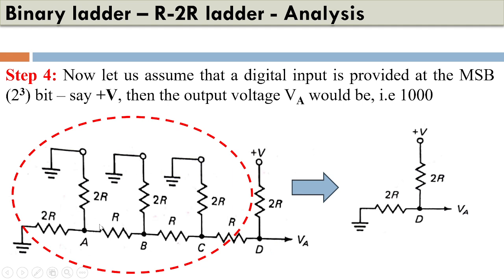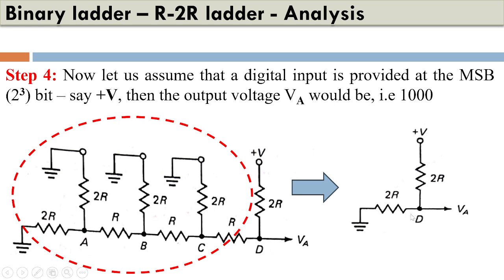When they both are in parallel, again this section becomes R. So this particular section which has been circled can be written in this manner. So what we have got is a simplified circuit where we have VA, one of the resistors connected to the ground, and another resistor connected directly to the logic input, whose voltage is V.